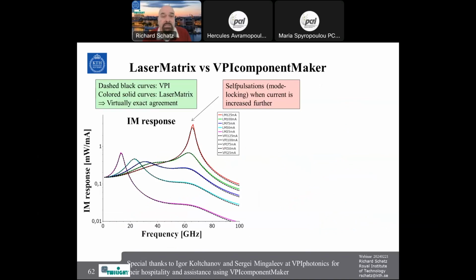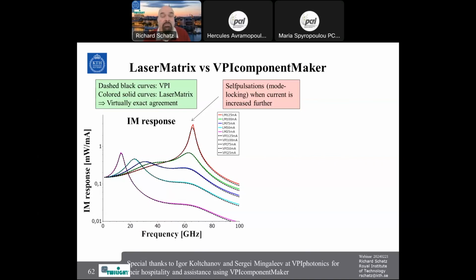Here is LaserMatrix again, where we compare with VPI. So this is exactly the same structure in both programs, and LaserMatrix are the colored curves, and VPI are the dashed curves, and you see you get perfect agreement despite these two programs working in completely different ways.